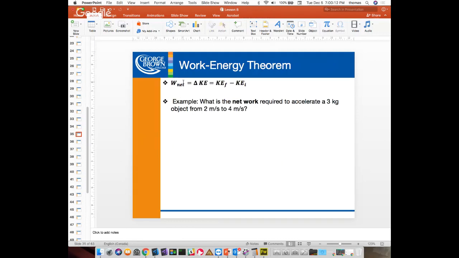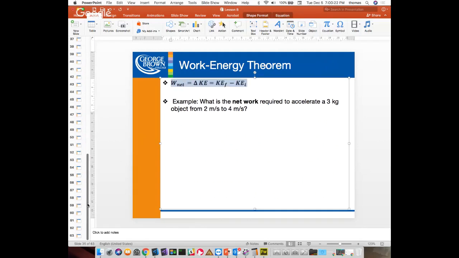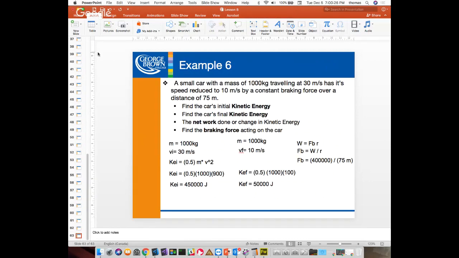So there it is. This is the net work. Kinetic energy change is equal to kinetic energy final minus kinetic energy initial. And if I just take this, just because we're calculating it on the last page, I can insert another text box here.